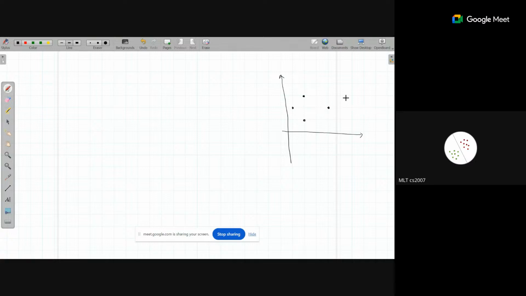I have to move it to here, this one. From here the centroid will be somewhere here. Just take it like this only. So here is another point, and from here also, something like this.